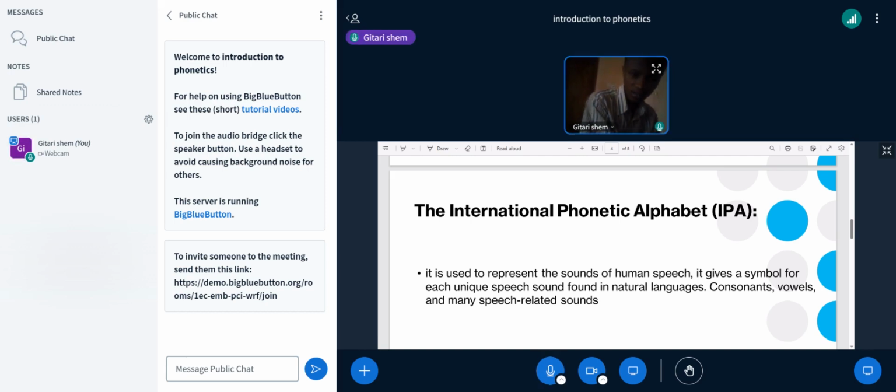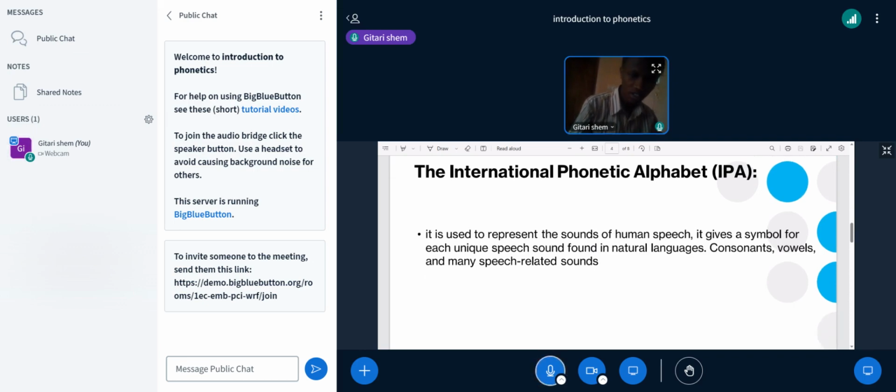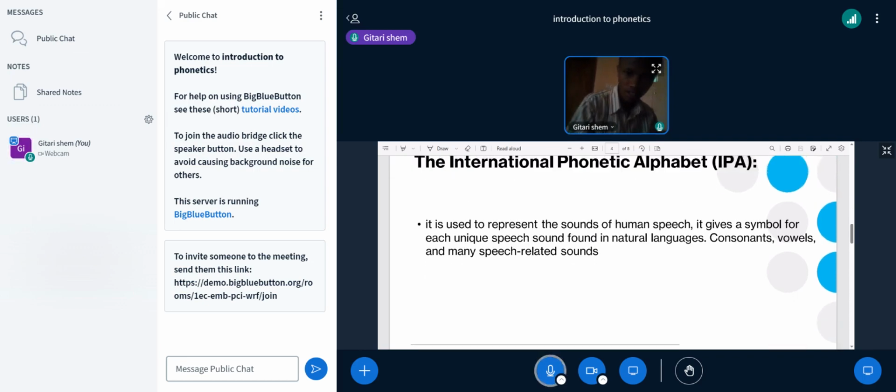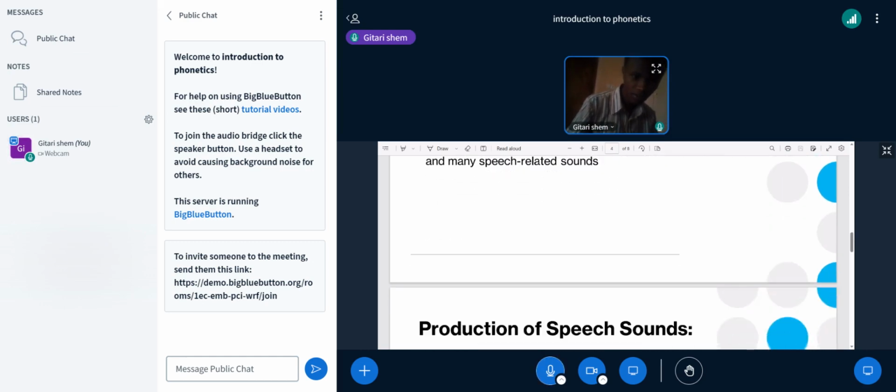It gives a symbol for each unique speech sound formed in natural languages, consonants, vowels, and many related sounds. The IPA is like a chart. It is used to analyze sound, high vowels, low vowels. We'll get into it later in the unit.